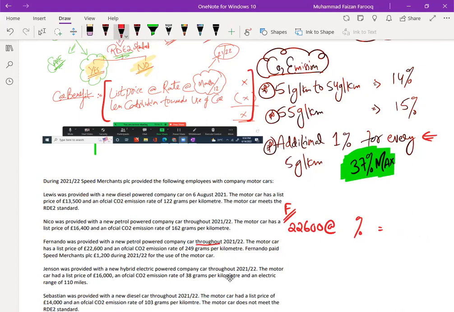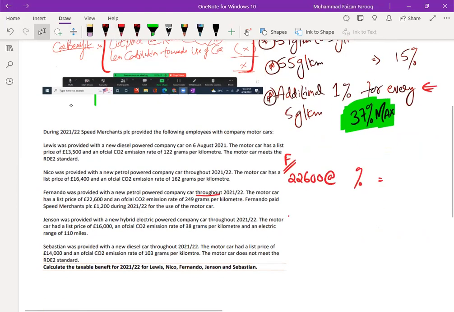First of all, the rate working. We have to do the rate working. What is the formula for rate? What is the CO2 of this car? 249. Okay, so up to 55 grams, how much? 15%.